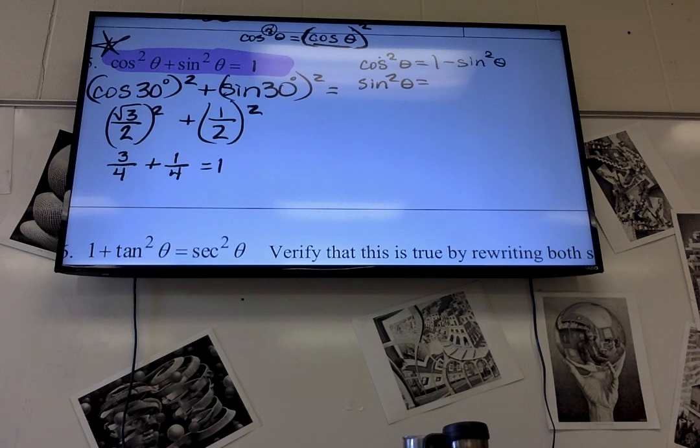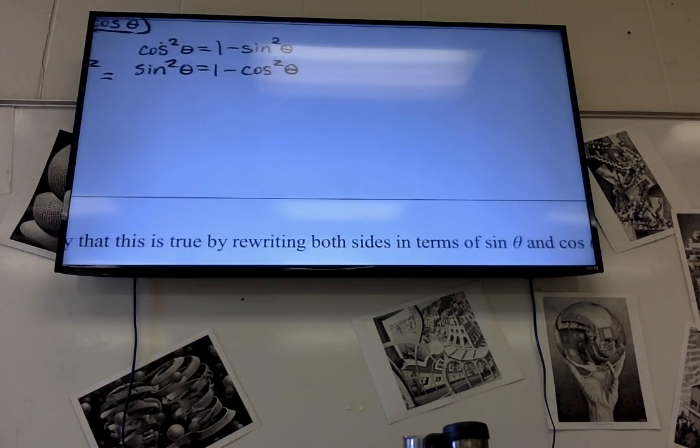How can I solve this purple equation for sine squared? So you don't have to memorize those other two that I've written because you can figure them out from the purple one. Now this comes from the Pythagorean Theorem. You can kind of see it: something squared plus something squared. But you're going to see exactly where it comes from.